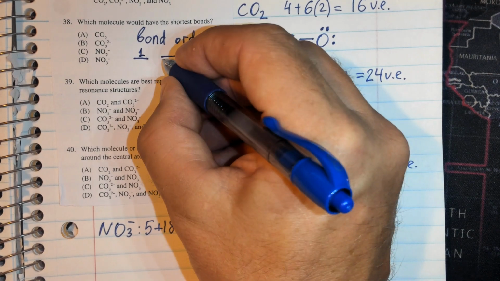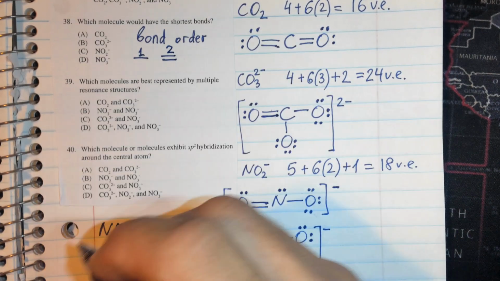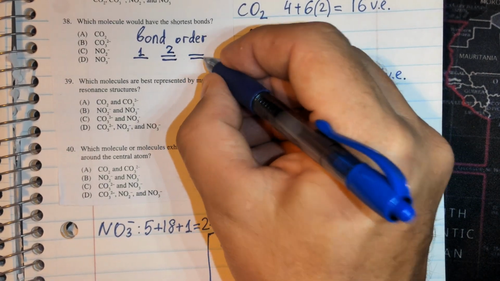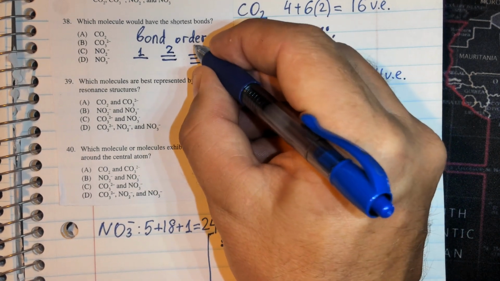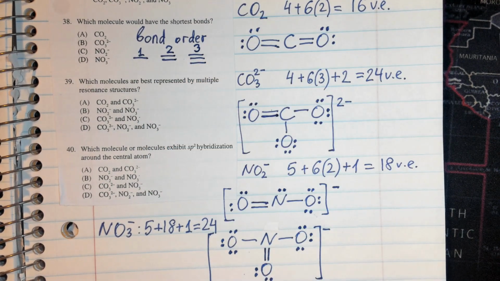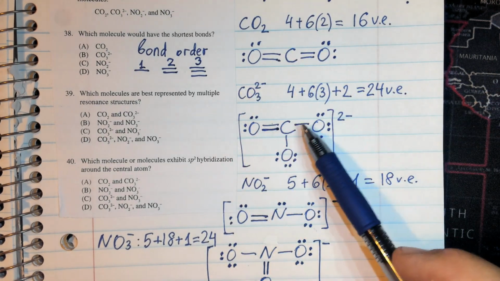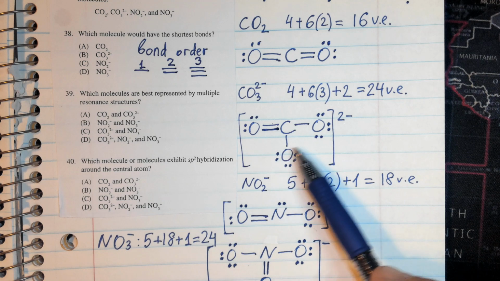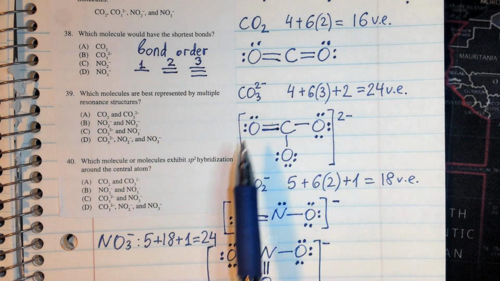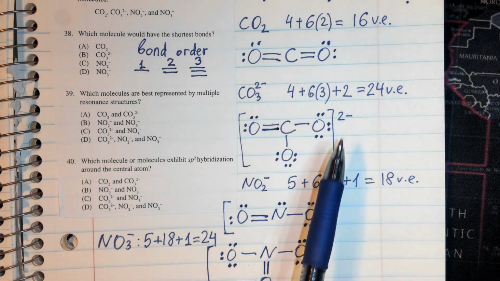Next comes a double bond, that's bond order 2. Next comes a triple bond, that's bond order 3. By the way, if you have a mixture of different bonds in the molecule, you can find an average bond order. I'll show you how it works.